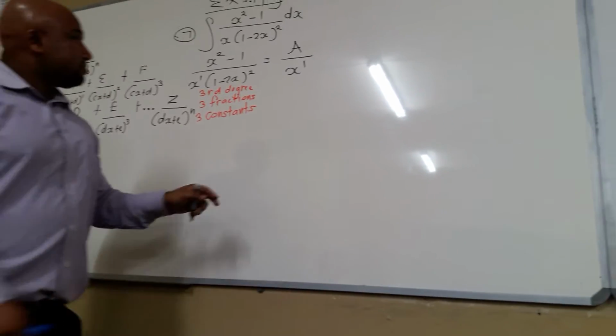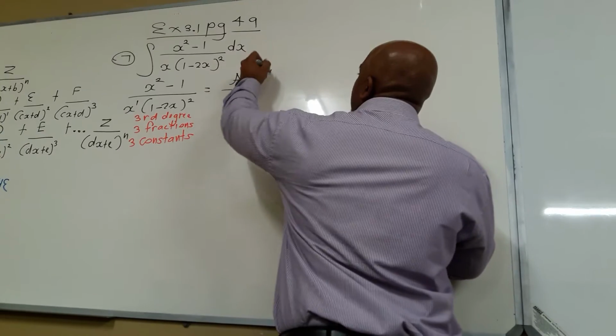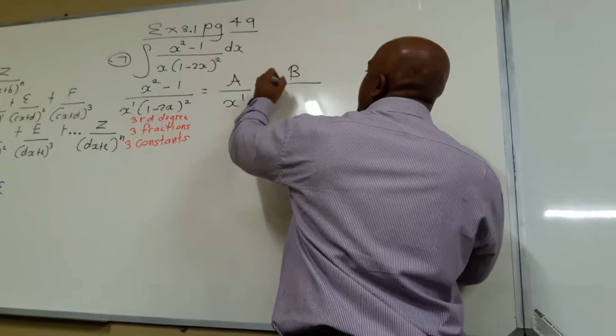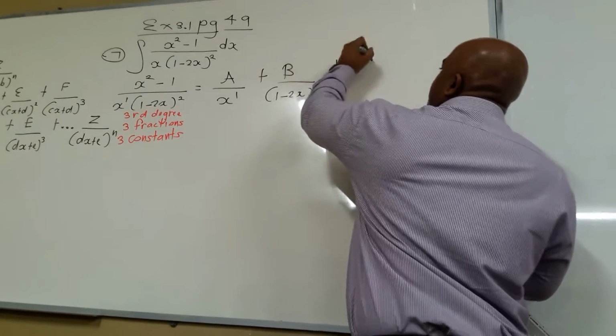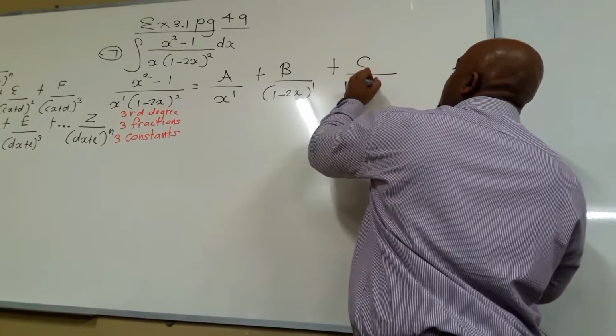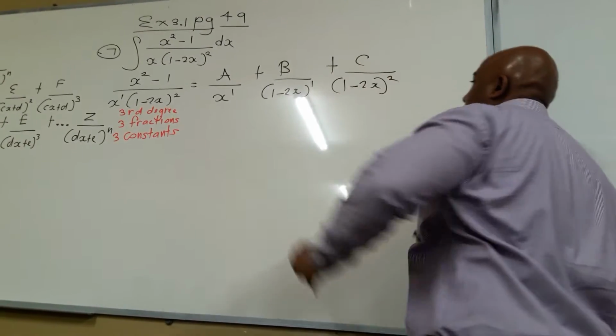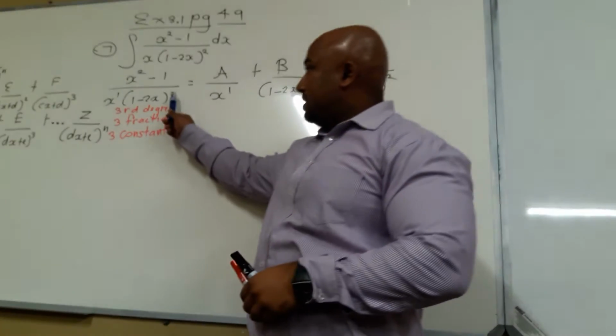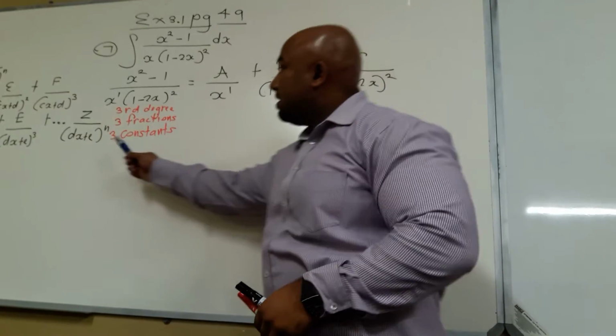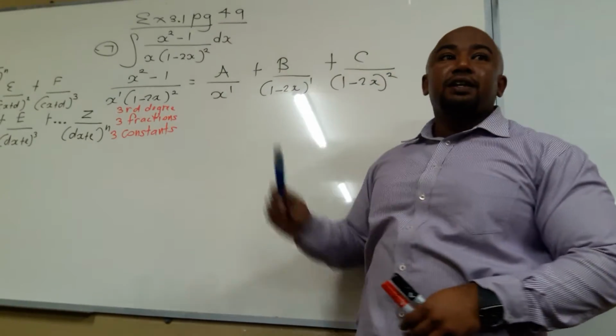Right, so this is going to be plus B all over (1 minus 2x) to the power 1 plus C all over (1 minus 2x) all squared. We're done now with the first part. So it was a third degree. There's 3 fractions. There are 3 constants, A, B, and C.